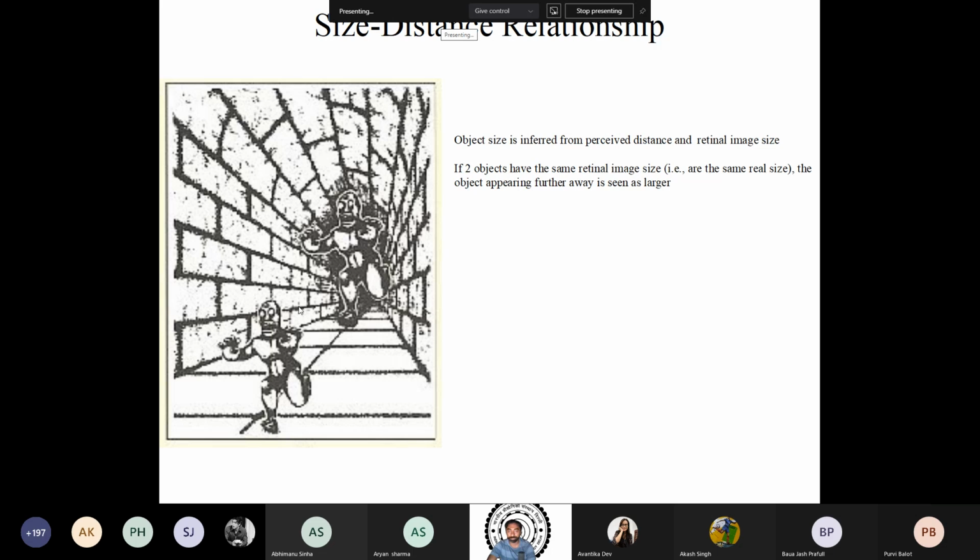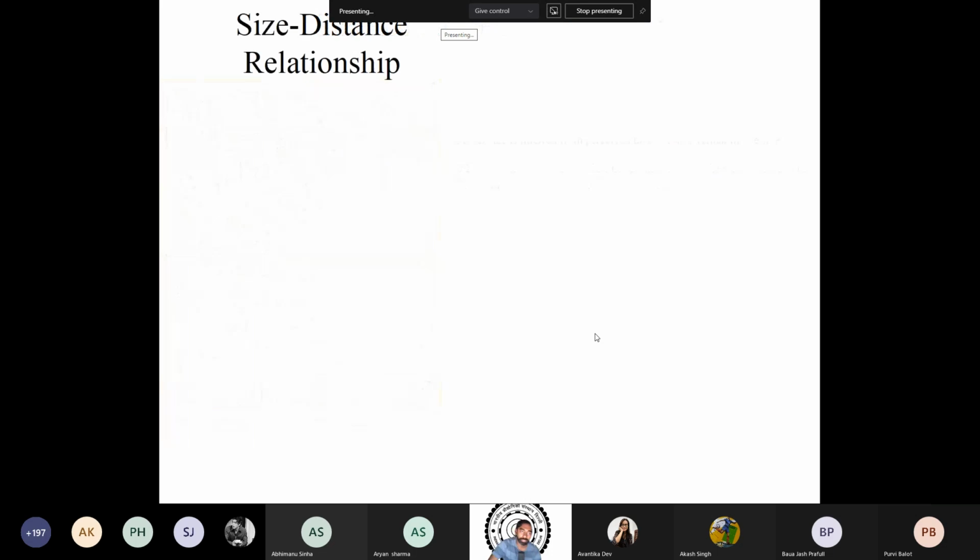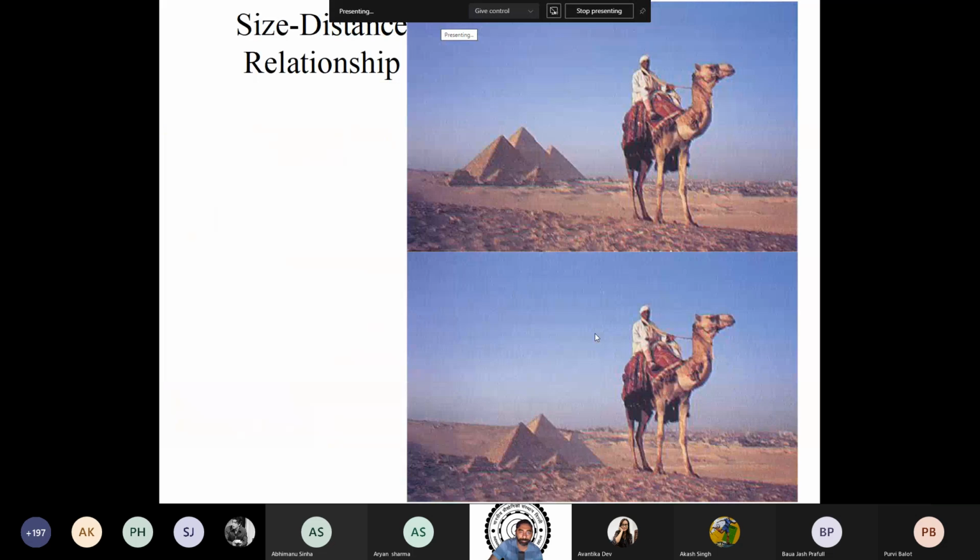Actually, the physical size of both is the same, and hence the retinal image that gets created is also the same. But the distance is what gives rise to the size-distance relationship, which becomes the reason for our illusion.